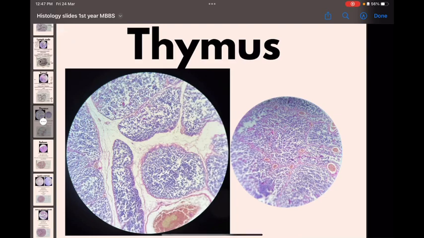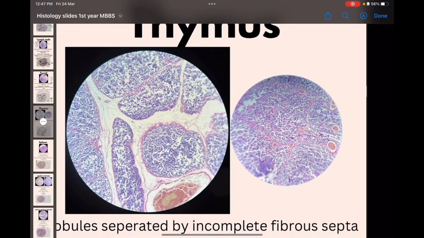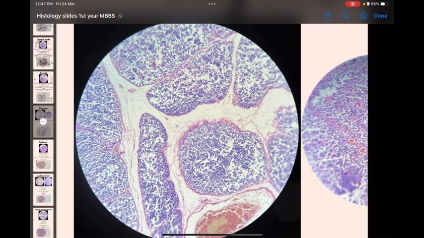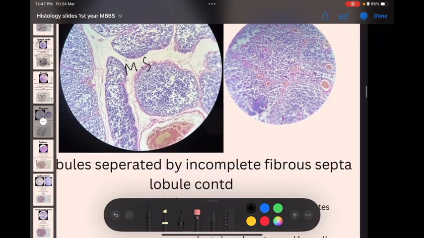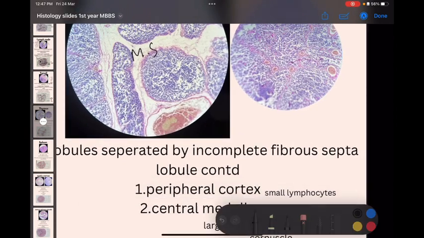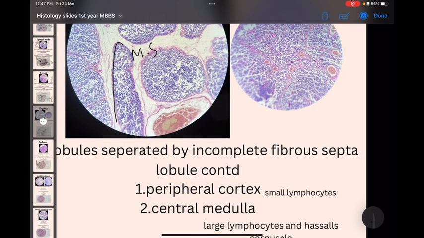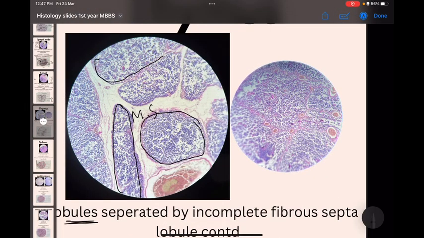Now coming to the thymus, this is how the microscopic structure of thymus is. Mainly it contains lobules, which are separated by incomplete septa. You can see the lobules, right?